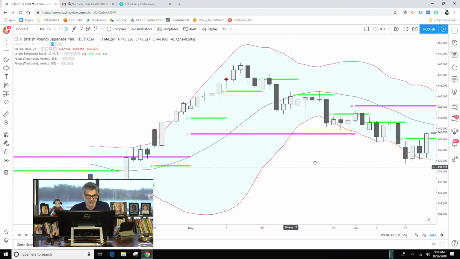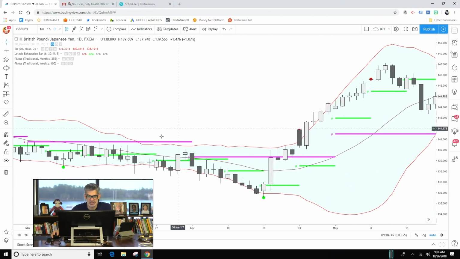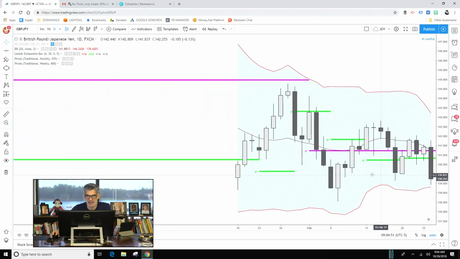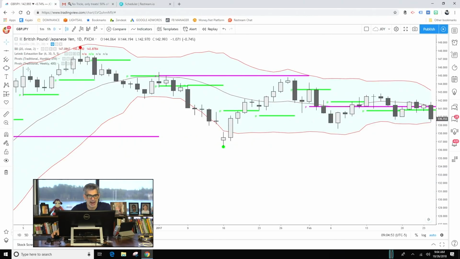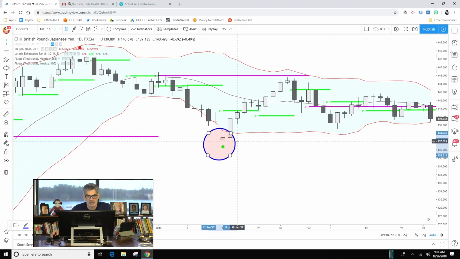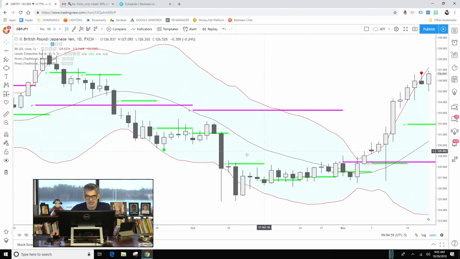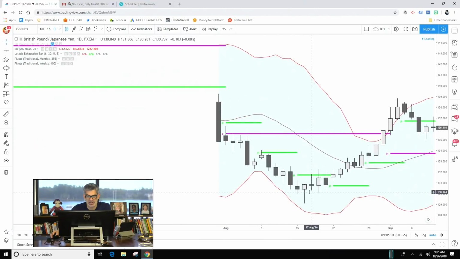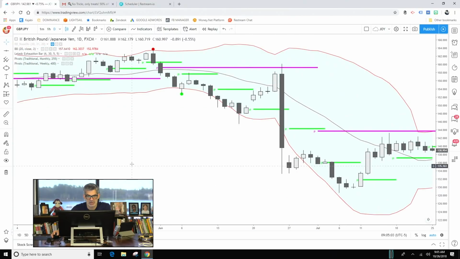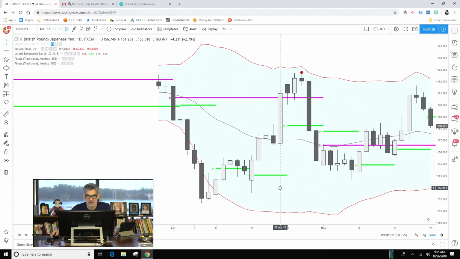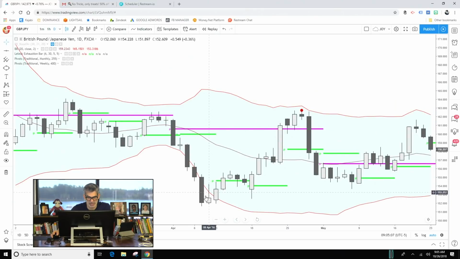We could spot check some of these and say, do we see long shadows outside of the bands? Oh, wow. That's amazing right there. Anything else with a really long shadow outside the bands? There's a candle all the way outside the bands. That's pretty nice, right?